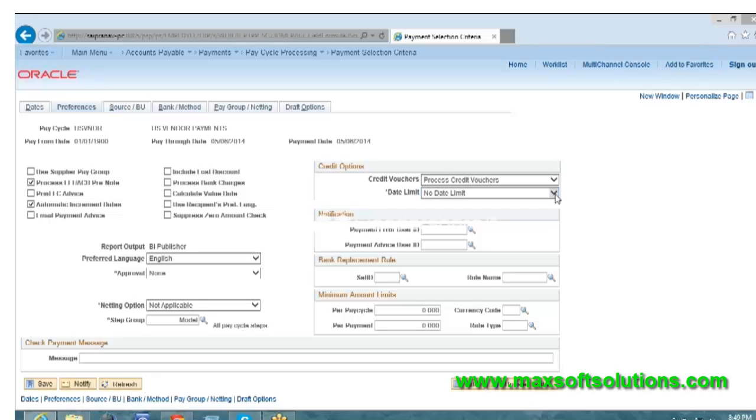So when you are doing all these things, the system will automatically adjust the credit balance and debit balance. How will this happen? If you put do not process the credit vouchers, then what will happen? Even though the vendor account has a credit balance of 20,000, now you got the first-time $5,000 invoice.